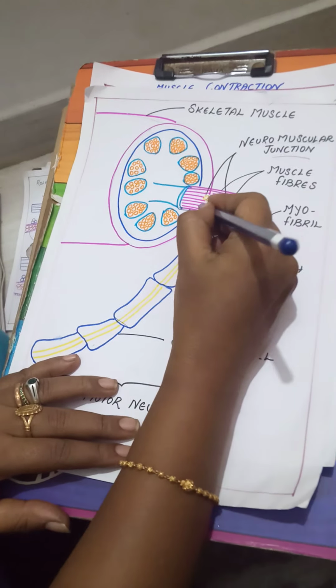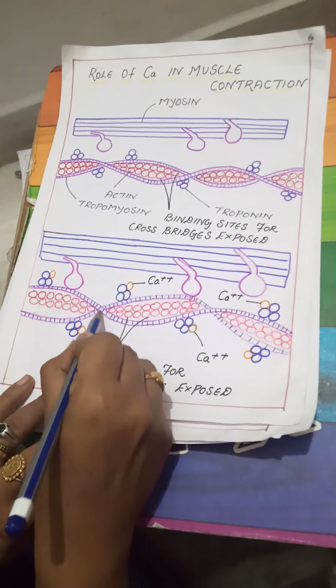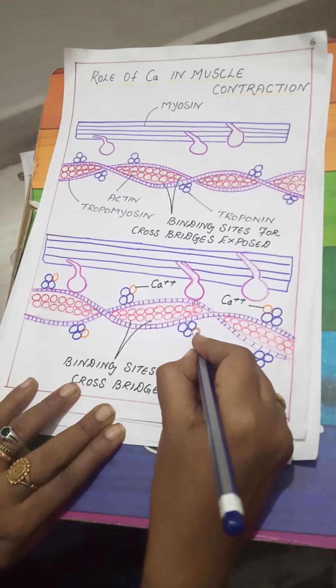When it reaches the sarcoplasmic reticulum, what happens now? Calcium ions are released from the sarcoplasmic reticulum and bind with troponin. We have seen that troponin is present at regular intervals on tropomyosin, and the calcium ions bind here.